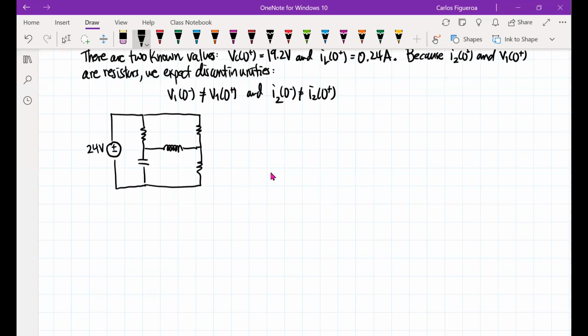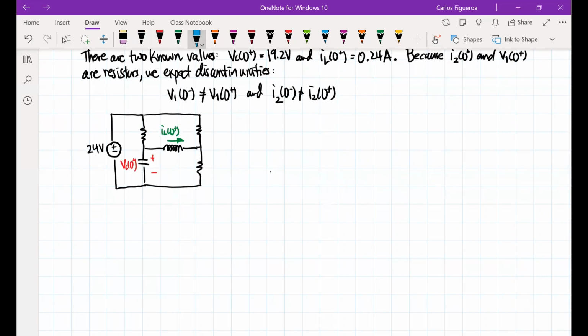So what do we know about this? We know that there's a fixed current coming in this direction. That's going to be IL of 0 plus, and we know that that is 0.24 amps. There's a voltage across this, which we call VC of 0 plus, and that voltage has to be 19.2 volts.